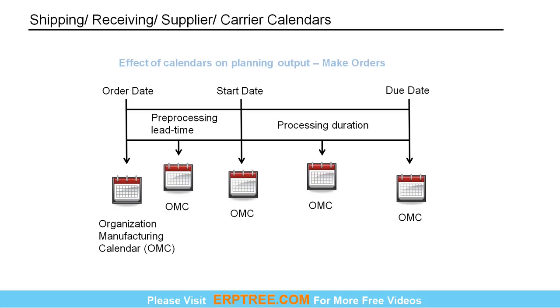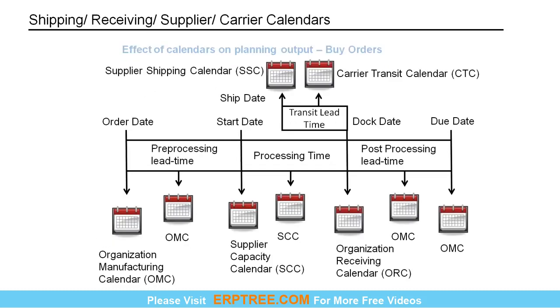Here it is a more complex situation, and I do not want to make the example more complex. You can consider many times, and all these times will be related to one calendar or another. For example, there might be an organization manufacturing calendar, a supplier capacity calendar, an organization receiving calendar.